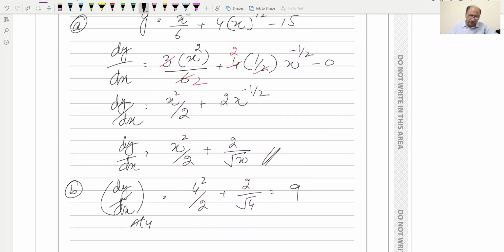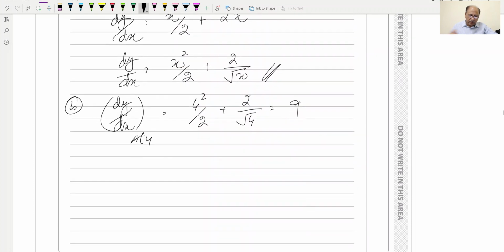So our gradient is 9. Now the gradient of the normal, m value is 9, so the gradient of the normal will be equal to 1 over 9, with a negative sign. And the point P is what? 4 and 11 by 3.